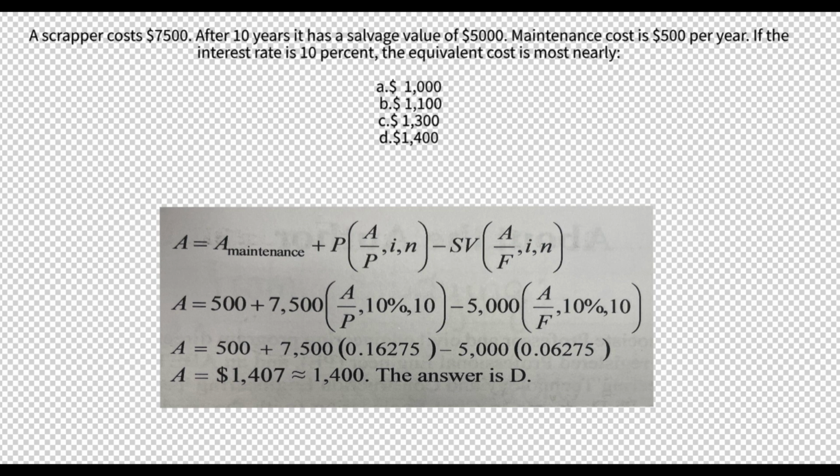While none of the provided answer choices exactly matches this result, option C, $1,300, is the closest approximation. This highlights the importance of understanding and applying the concept of equivalent annual cost to make informed financial decisions in engineering and economics. Don't forget that mastering engineering economics concepts like this can greatly benefit decision-making in various fields, from construction and manufacturing to investment analysis and project management.